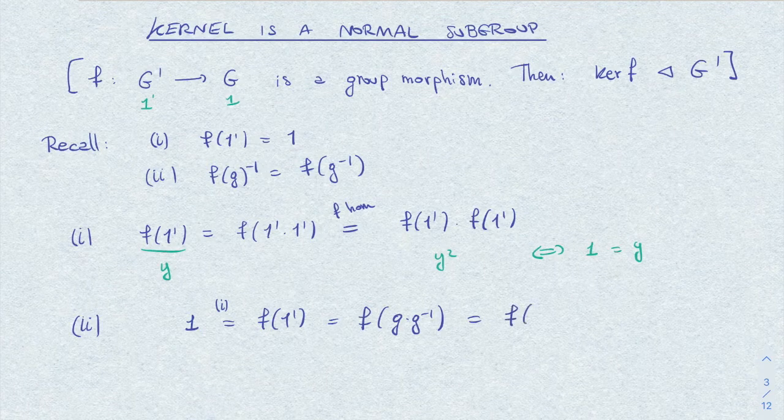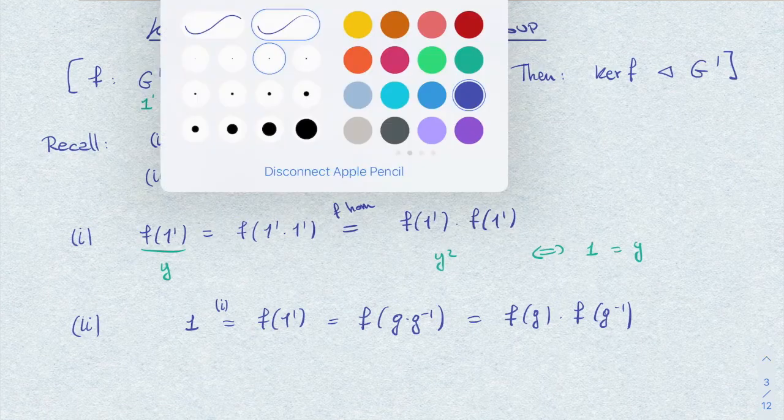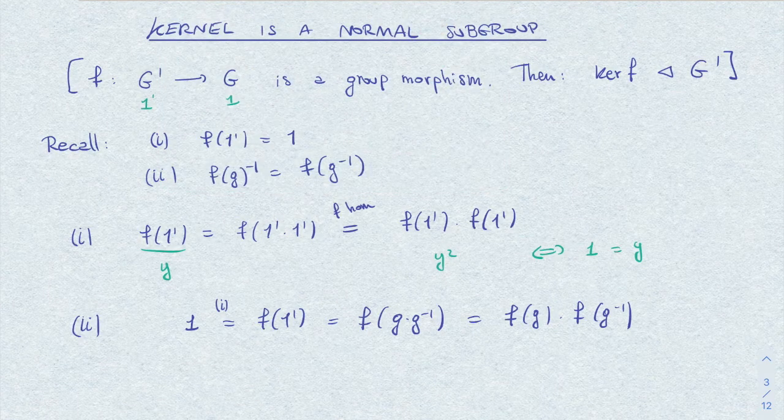And by the fact that f is a homomorphism, I can write this as f of g times f of g inverse. Now you see that if I multiply on the left this 1 by the element f of g inverse, and then on the right hand side I can cancel, I have my statement.